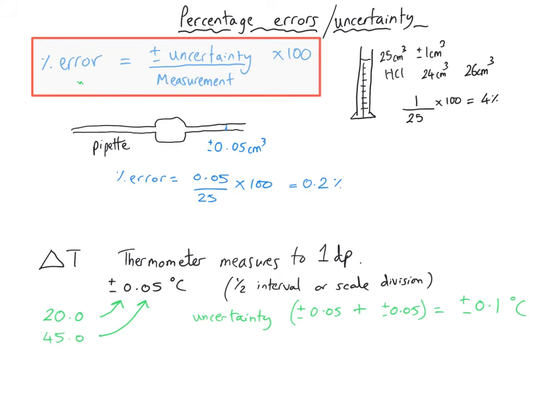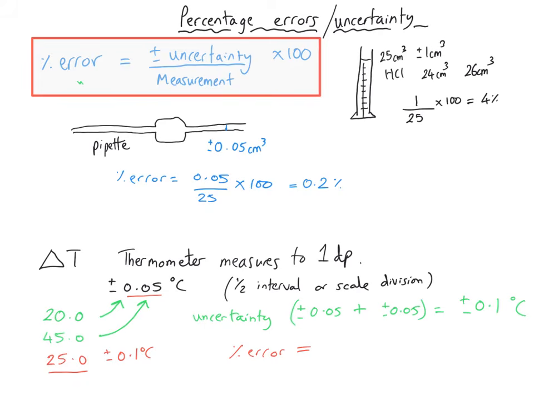And so our actual uncertainty for the fact that we've done two measurements in order to work out what our delta T is plus or minus 0.1 degrees C. So that means that our delta T, in this case, is 25.0 degrees C, but we are plus or minus 0.1 degrees C, because in order to arrive at that value of 25, we had to make two measurements, which means that the uncertainty with each individual measurement had to be doubled.